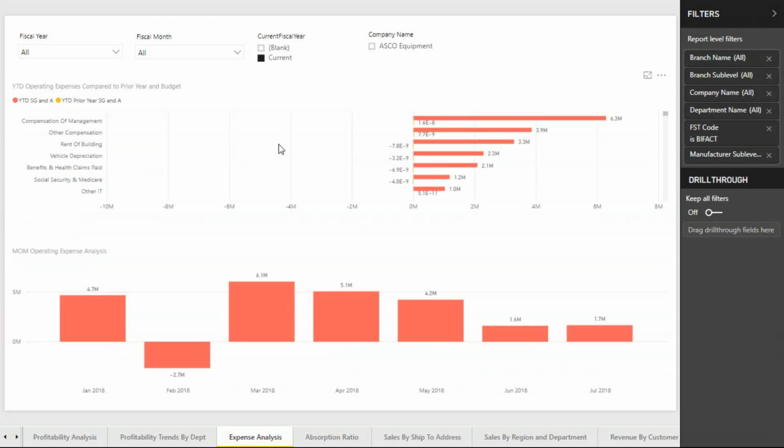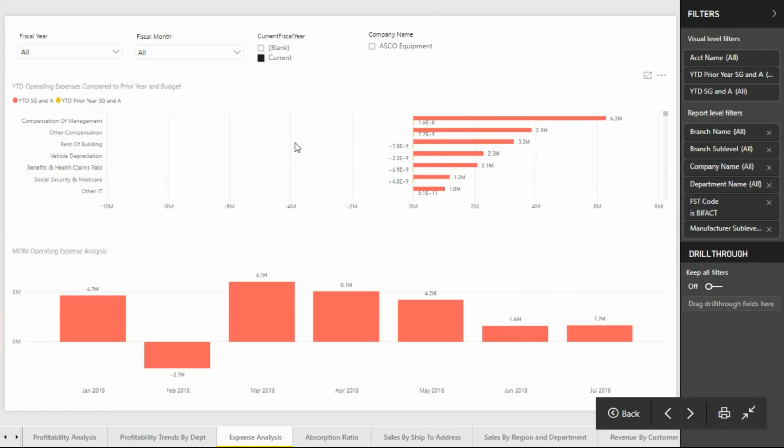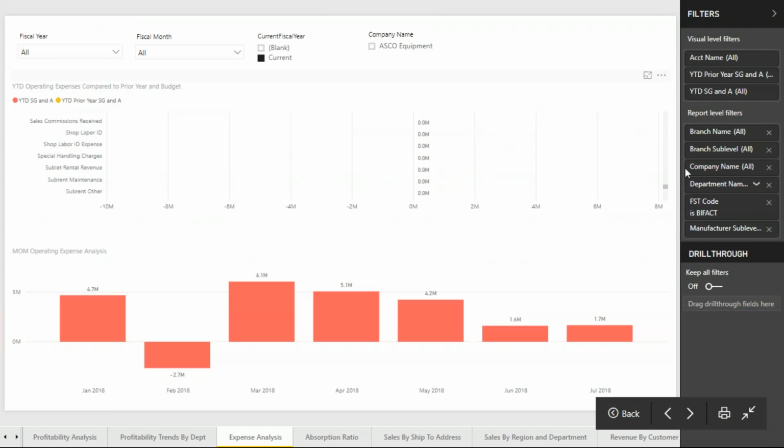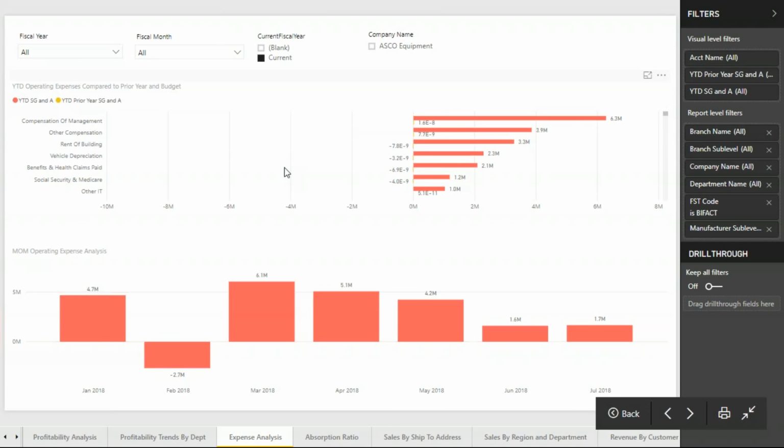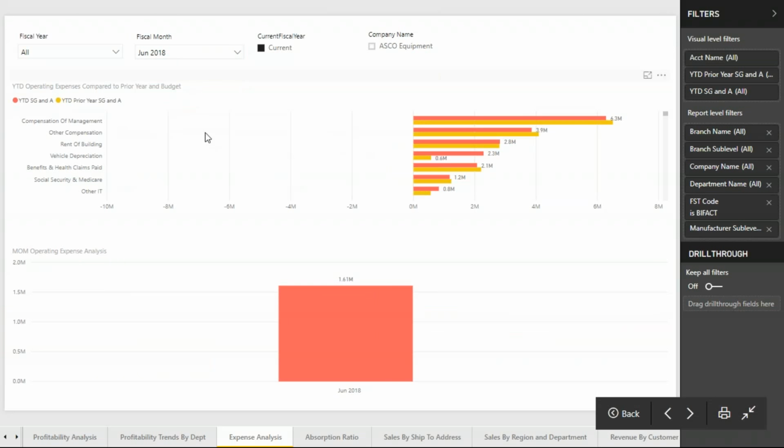This is more of an expense analysis, wherein you're looking at your year-to-date expense compared to prior year-to-date expense, and a lot of prior numbers are showing up funny. We can check why. So this is going to tell you, for let's say the month of June, what is your total expense?